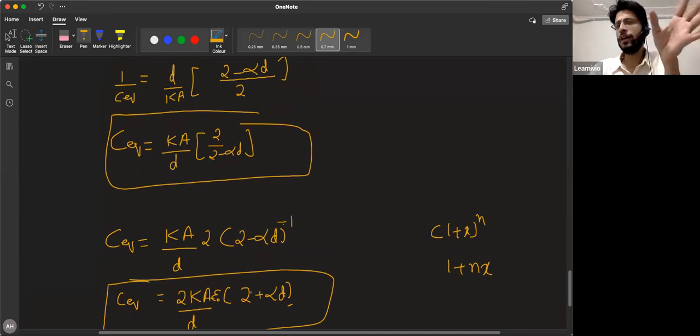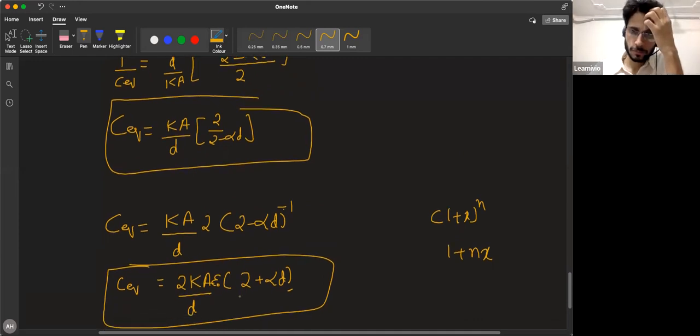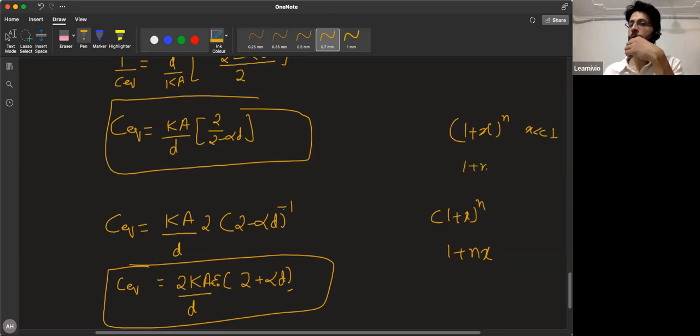See, to match the final answer, you may have to take some common factor. You may have to take this 2 as common. Written, everyone? So that binomial part, could you say again? Yeah, see the binomial expression. This was class 11 maths. If you have (1 plus x) to the power n, and x is very, very less than 1, then you can write this as 1 plus nx only.